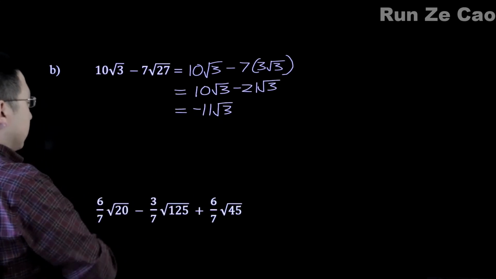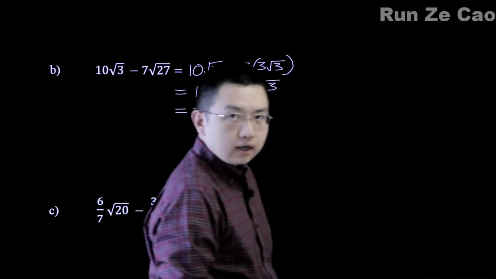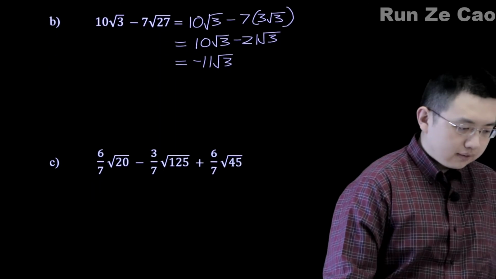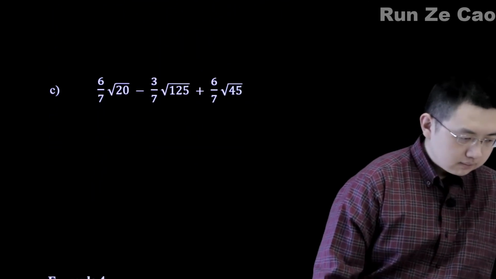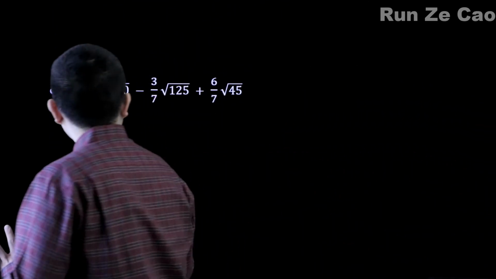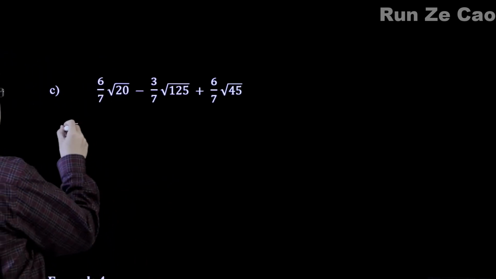What about this example here? Well, we see that none of them have the same radicand. So what we should do is make them have the same radicand.